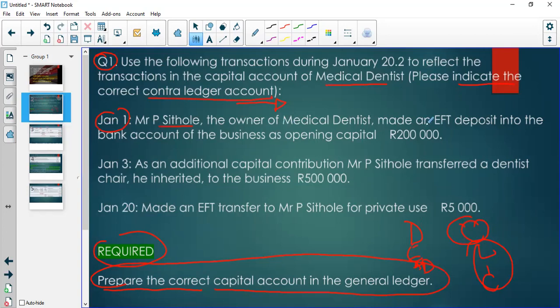The owner made a deposit into the business bank account of 200,000. As you know, we are not preparing the bank account, but if we were, we would debit the bank account and credit the capital account. So we go to the capital account.